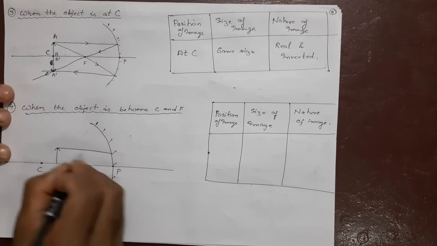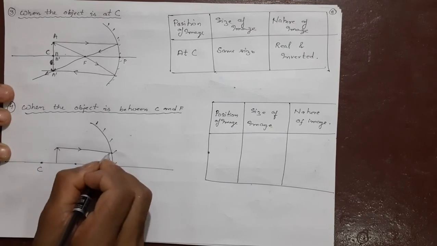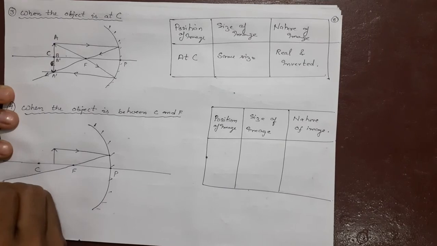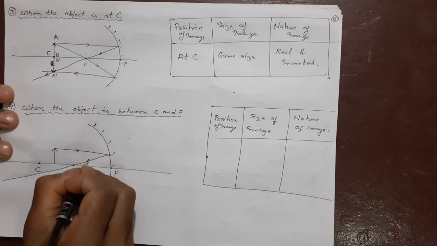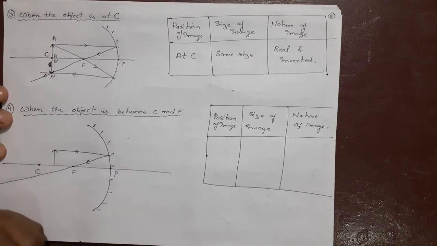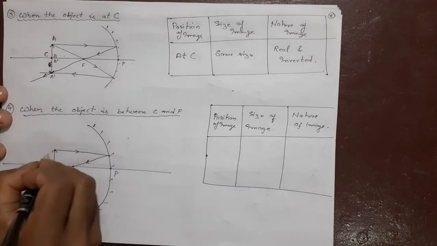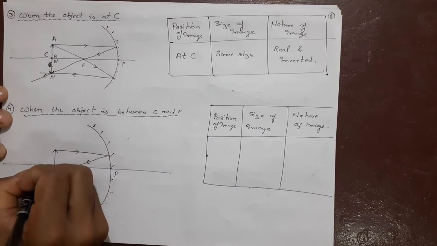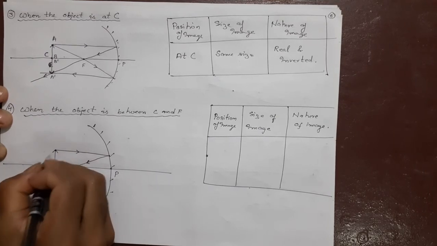The parallel line. First rule is always like this, very easy, coming back from the focus here, right? And then what is the next one? Maybe slightly difficult to make, but I will do it. Here is the center of curvature. From the center of curvature we will try to hit it.